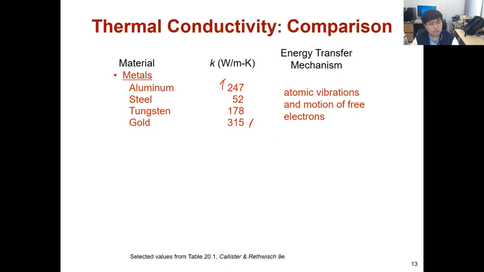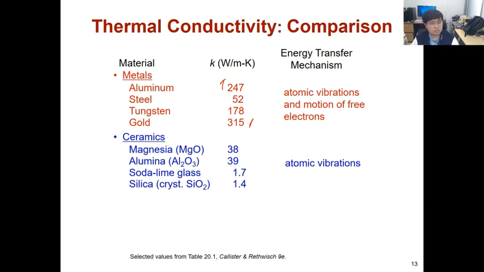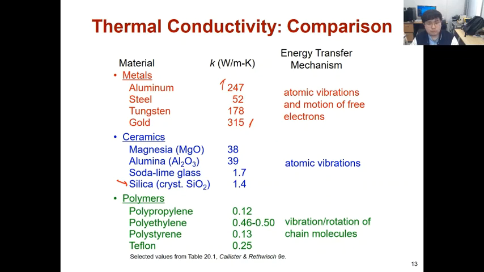That means aluminum and steel show very high heat conductivity, but compared to metal, a ceramic structure, for example silica, which is glass, shows slower heat transfer, and so does polymer. So maybe for your hot pot, we use a polymer or wooden material as the heat insulator. It is because heat transfer means atoms must be connected to each other.